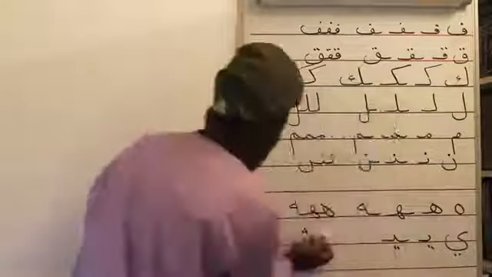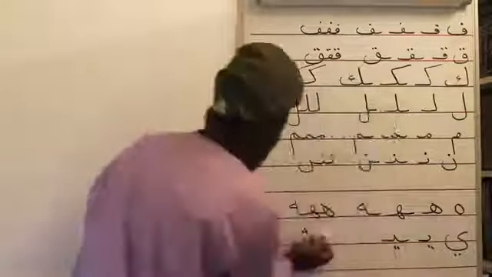Now that's ya at the end, of course, extension, and then final format, like the original one. Now join them. Ya, ya, ya. That's ya, ya, and ya. And guess what? Yeah, we finished.